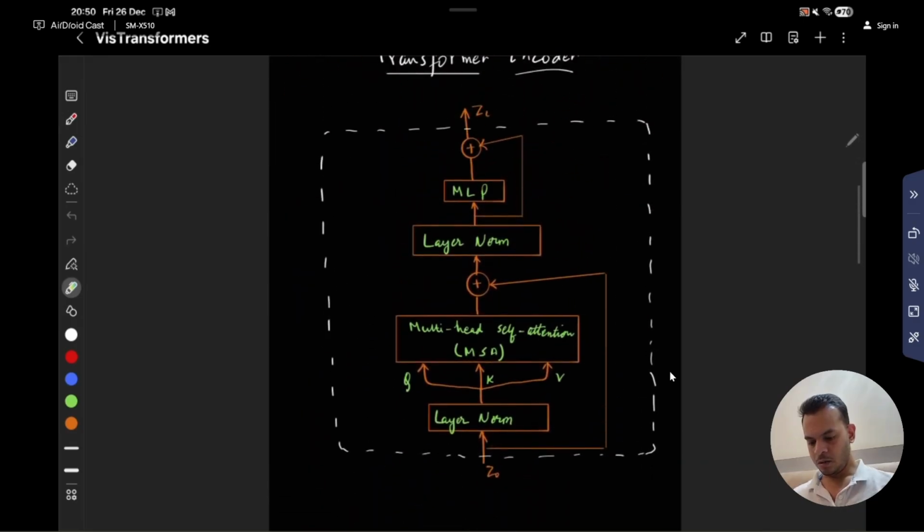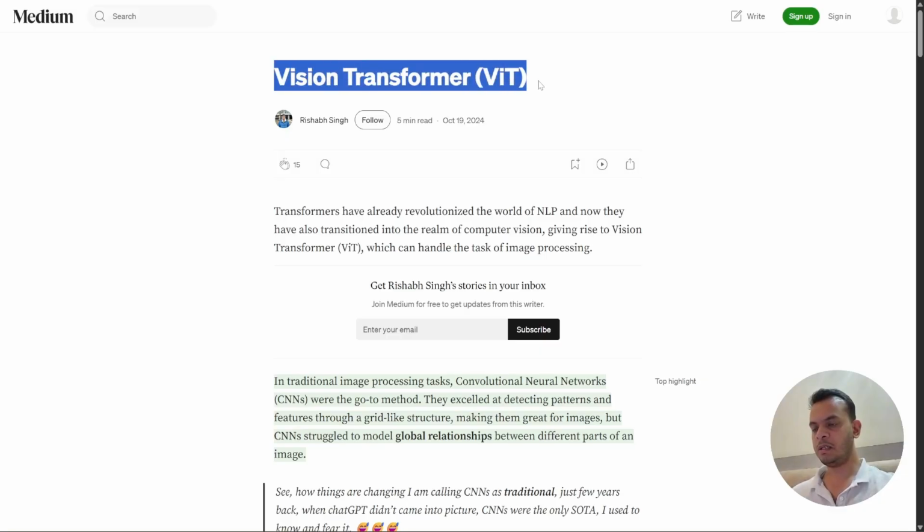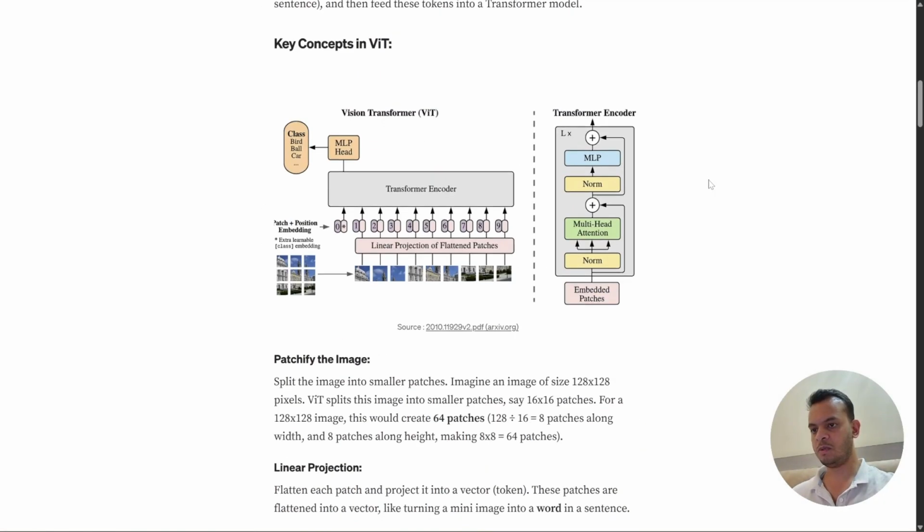Okay, so we'll be getting into this, and before moving ahead, actually I would like to talk about the Medium article that I shared last time. I was talking about this Medium article by Rishabh Singh, that it gives a good insight into vision transformers.